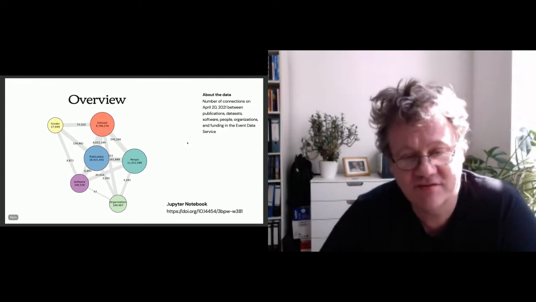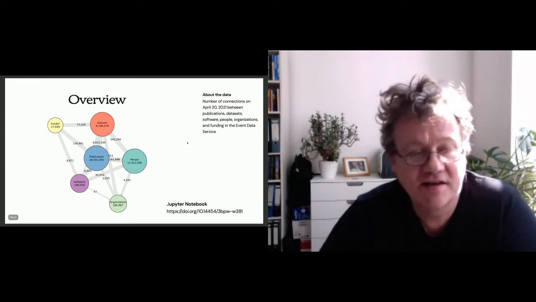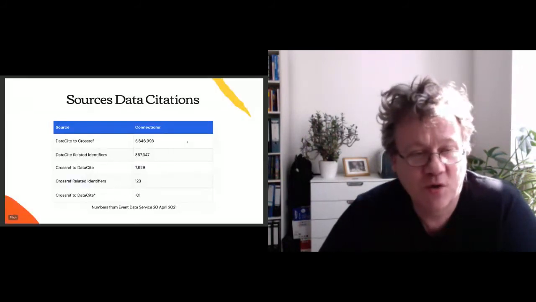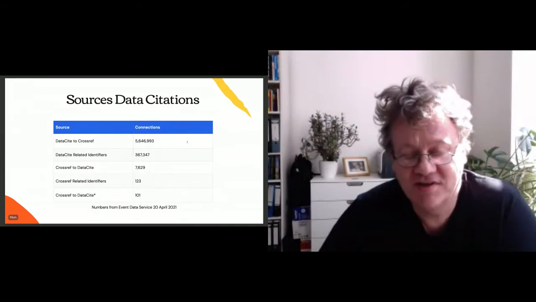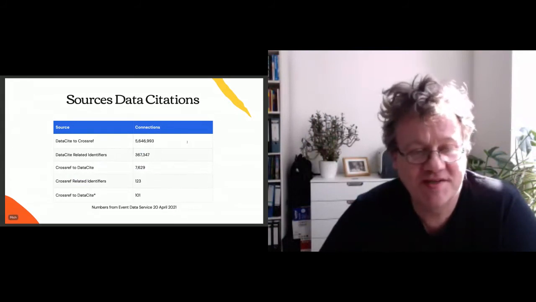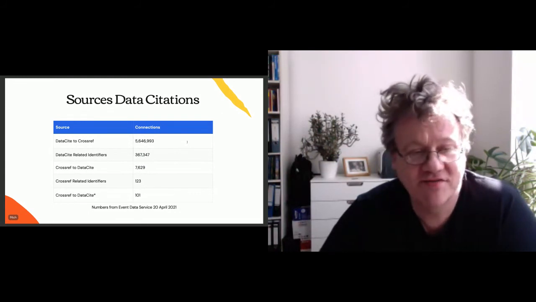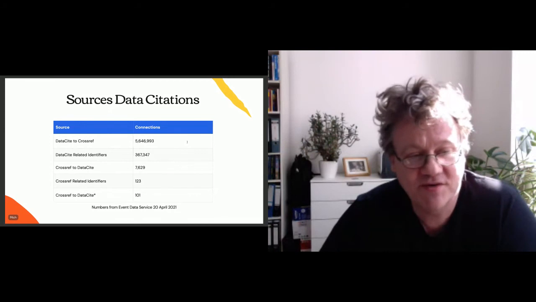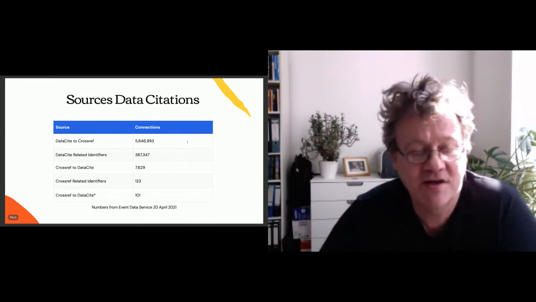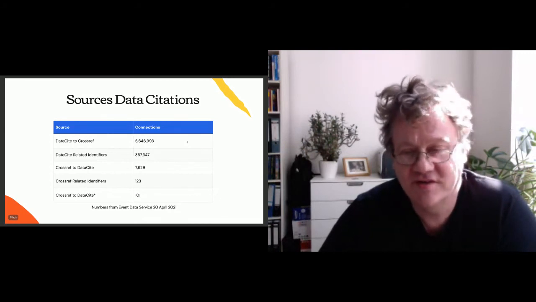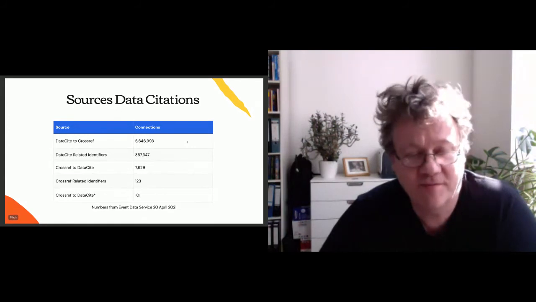The next slide is about where the data citations come from, and what we see is that DataCite members and repositories are more active in this than Crossref members right now, which is the top number, is that more than 90% of the data citations we see come from repositories.